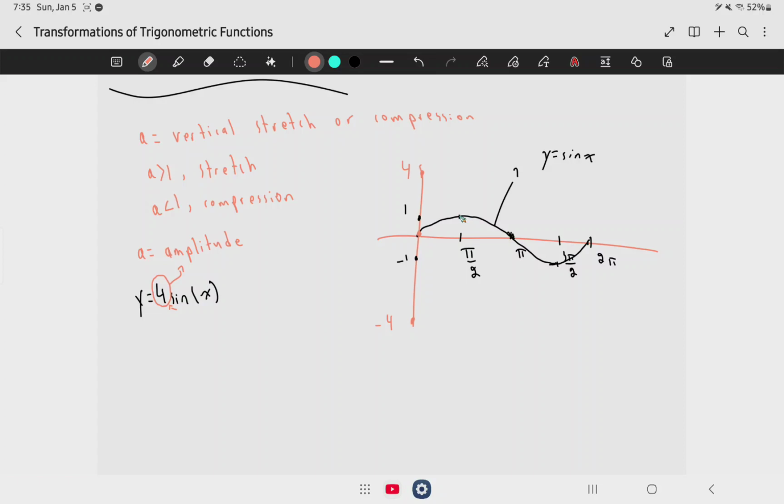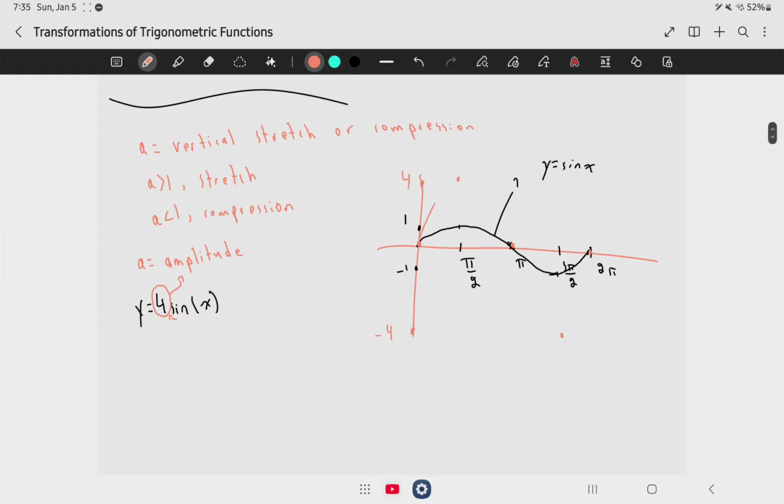The 1 gets multiplied by 4, so it goes up to 4. 0 stays 0. -1 gets multiplied by 4 to become -4, and then 0 stays 0. So the new function would look like this. And that affects the vertical stretch or compression of the function.